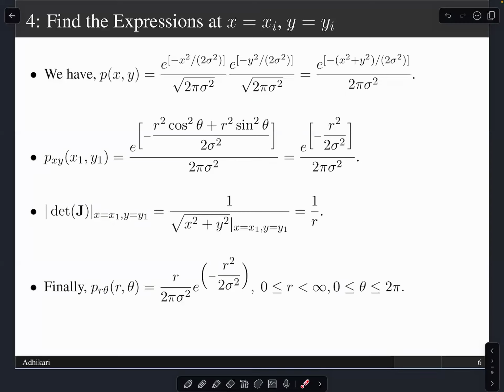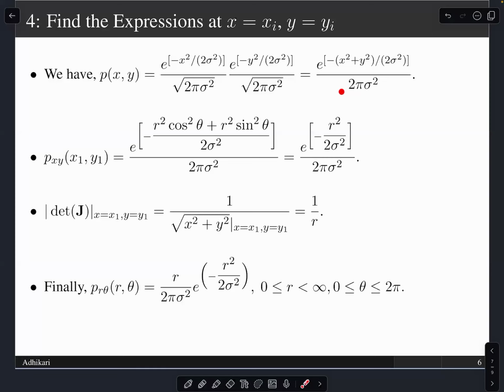Okay, so the joint PDF of x and y, since they are independent and normal, is given by this. We're taking the individual PDF of x and the individual PDF of y and multiplying them because they are independent. We can do that to get the joint PDF. And we can combine these two exponentials to write them as one exponential like this.